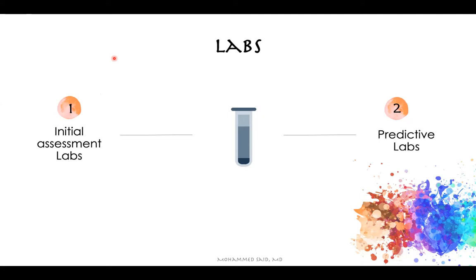So back to the initial assessment labs. When you have a patient with abruption, you think about what you want to exclude, what's going to help you. So the patient is bleeding. So if the patient is bleeding, you need hemoglobin, hematocrit, you need platelet counts, and you need type and screen, type and cross. You need metabolic profile, liver functions, kidney functions, so you can assess all this stuff.